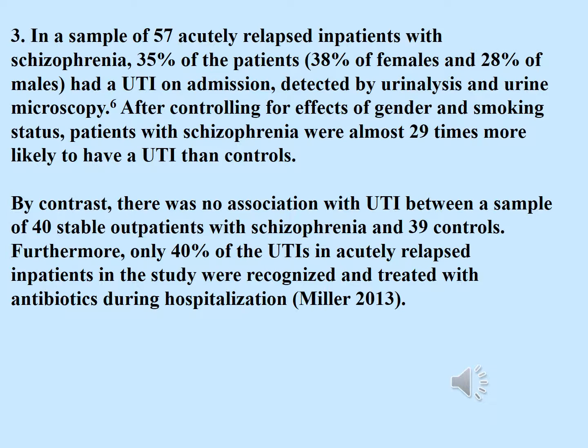By contrast, there was no association with UTI between a sample of 40 stable outpatients with schizophrenia and 39 controls. Furthermore, only 40% of the UTIs in acutely relapsed inpatients in the study were recognized and treated with antibiotics during hospitalization.